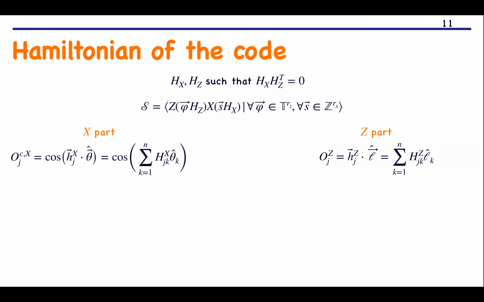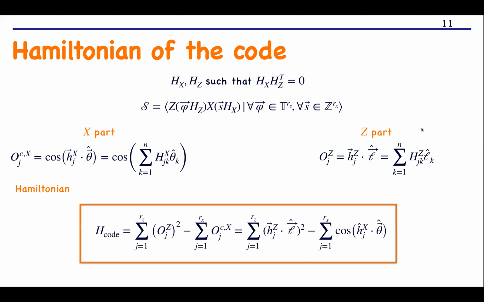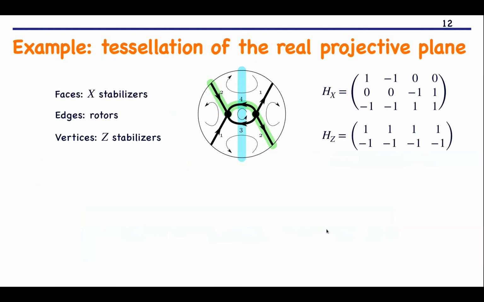And now we make a Hamiltonian out of it, and it's quite natural to take the square of this, so that it will look like a kinetic energy term. And so in general, the Hamiltonian of these codes will have this form. Obviously there is not a unique way of constructing this kind of Hamiltonians, but this is, we think, the way that is more physical.